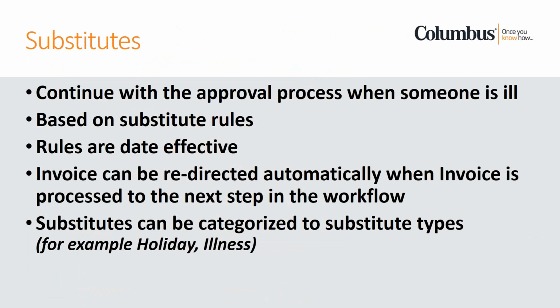You can have date-effective rules so that when someone is going to be out, someone else is going to step in and do the approvals for that person while they're out. You set that substitute up ahead of time with their effective dates, and then the workflow will automatically respect that, and you will still continue to keep your workflow healthy and capture those discounts while someone is out on vacation, or unfortunately if someone is ill.